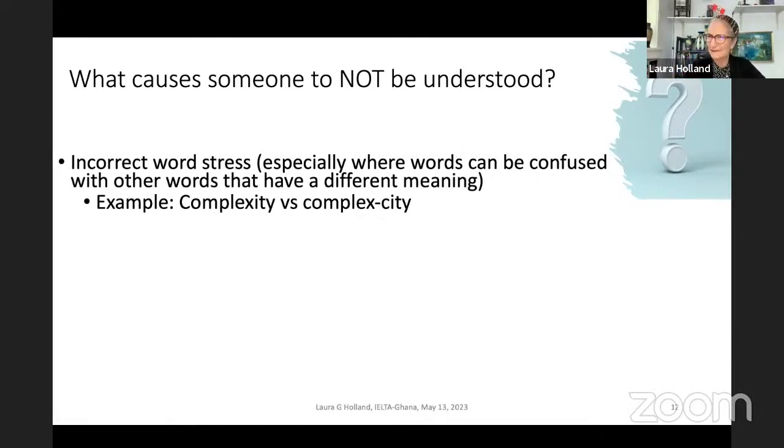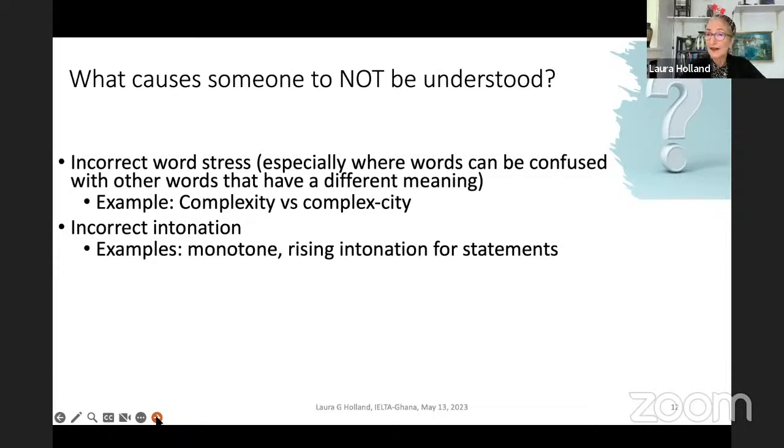I thought that was really interesting. So incorrect word stress can cause a breakdown in communication. Or incorrect intonation. This is really common, for example, if you're using a monotone, right?